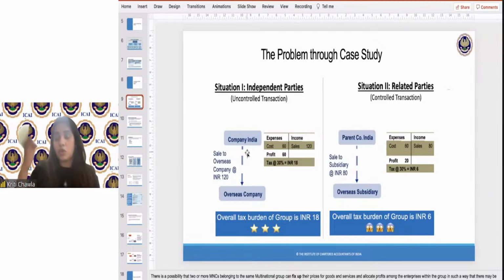That will also make a lot of difference. So if your company is a big company earning a good turnover of 500 crores, then you have to compare it with a similar-level entity which is also earning a turnover of 500 crores. So this is what you have to make sure.